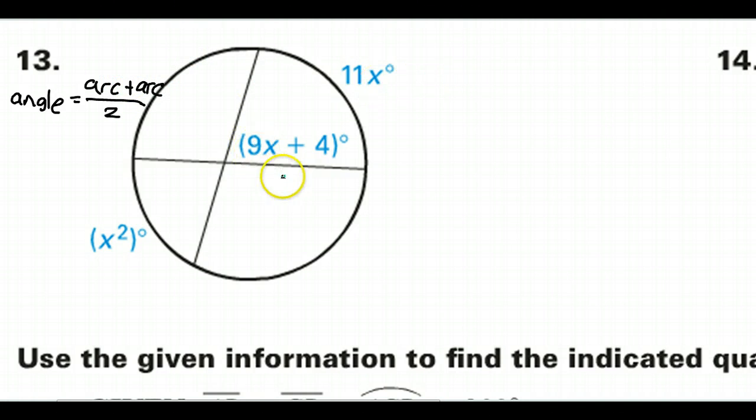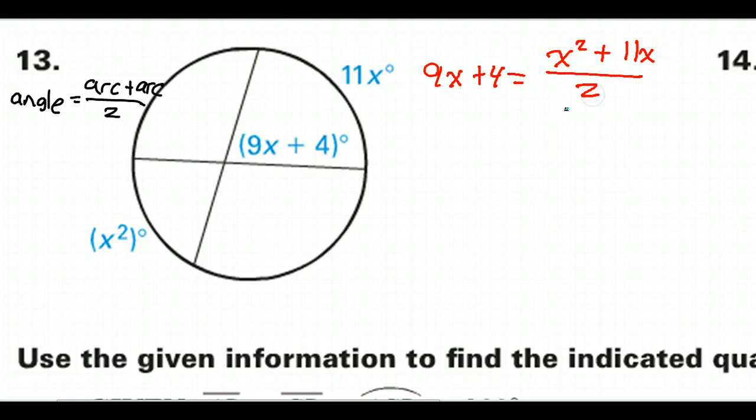So the angle is the 9x plus 4. So I'm going to have 9x plus 4 is equal to, now the arc plus arc will be the x squared plus 11x divided by 2. When I have a denominator like this, the best thing to do is to multiply by the denominator.